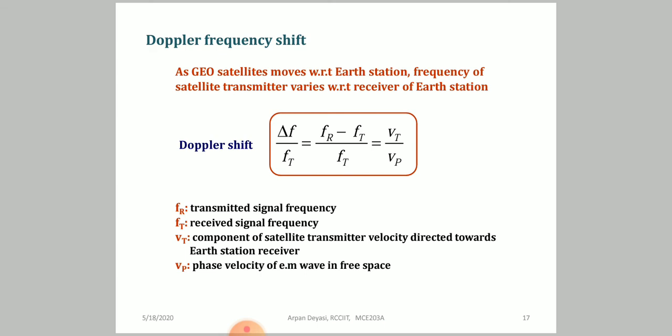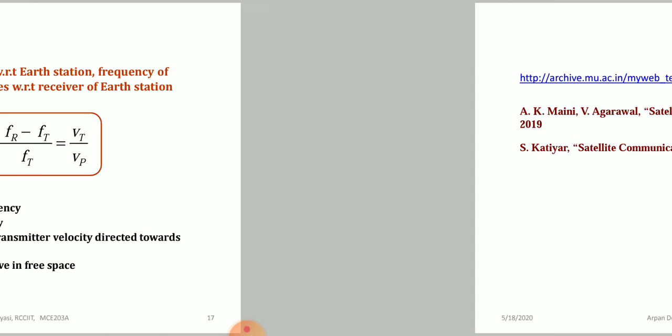It is a ratio of the satellite transmitter velocity towards the Earth station with respect to the phase velocity. Phase velocity of an electromagnetic wave is 3 into 10 to the power 8 meters per second, you know. So if you know the satellite transmitter velocity component, then you can calculate the shift, because the received signal frequency you can measure from the receiver Earth station. So that basically gives you the Doppler frequency shift.